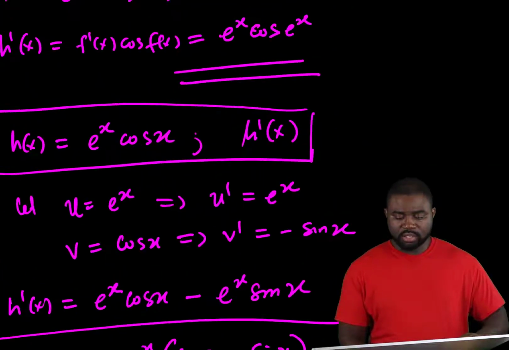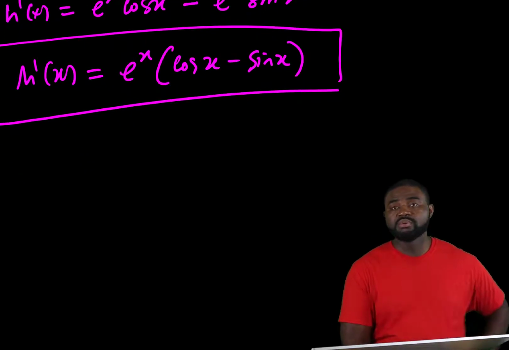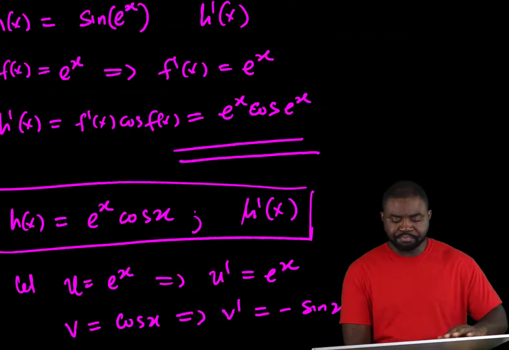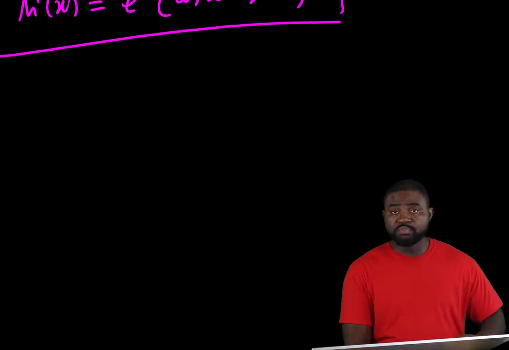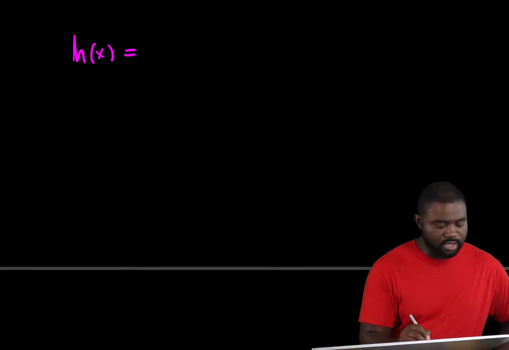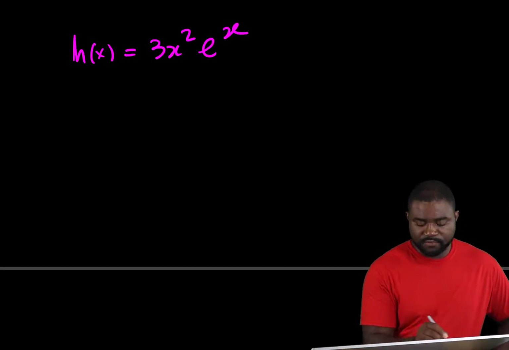Now, the next couple of examples that I'm going to do will just be for us to use the product rule over and over so that we can become used to it. So another example would be, let h of x be equal to 3x squared e to the x.